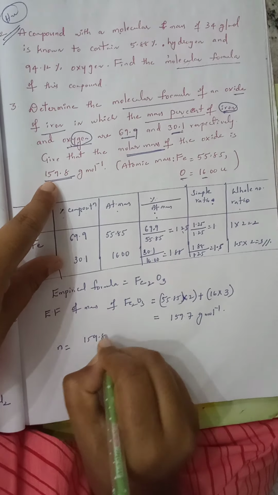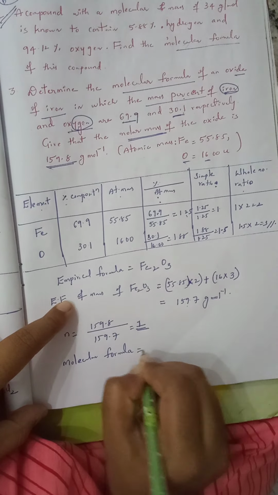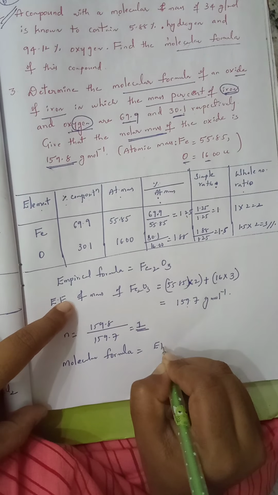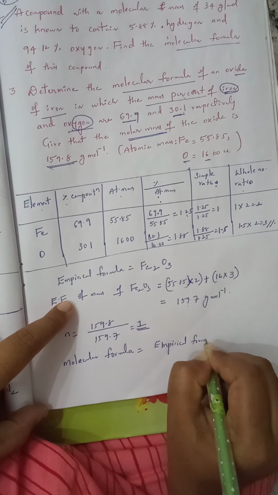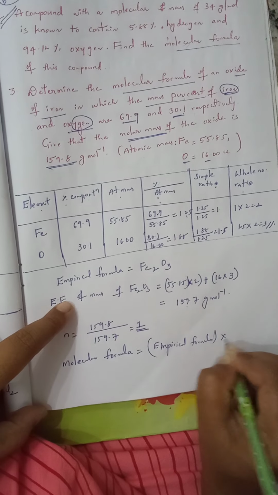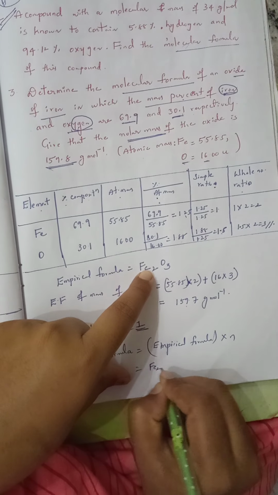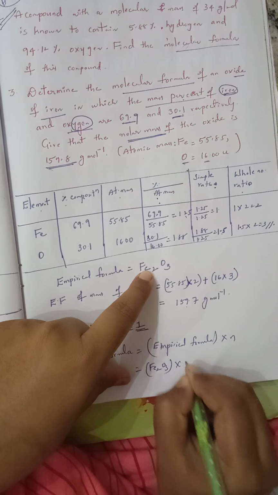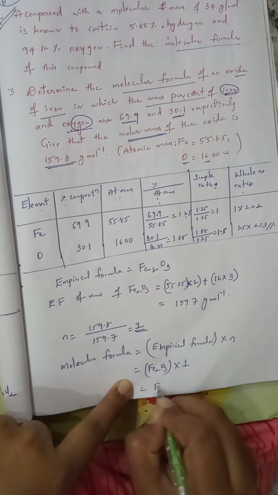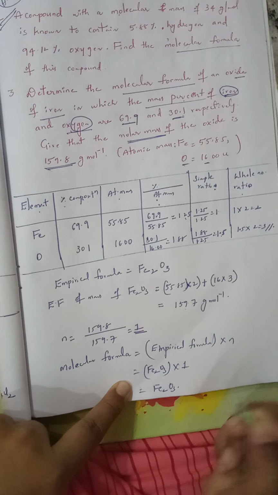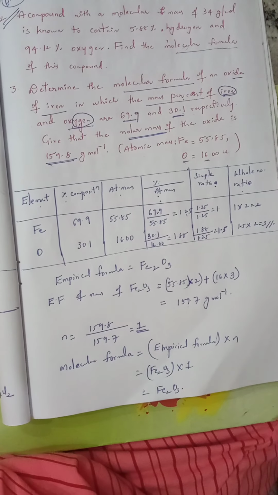Then the molecular formula equals the empirical formula times N. The empirical formula is Fe2O3 and the N value is 1. So the molecular formula is exactly Fe2O3. For the given question, the empirical formula and molecular formula are the same.